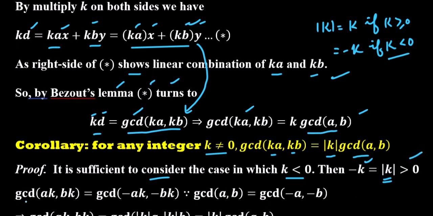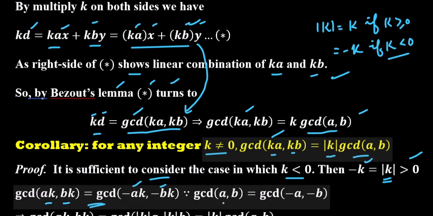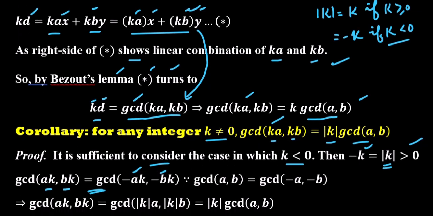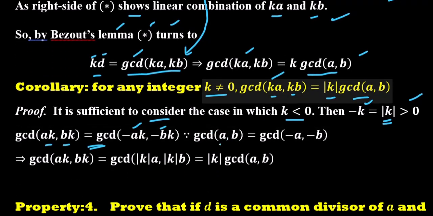Now consider the left hand side, that is GCD of ak and bk is equal to GCD of minus ak, minus bk. How are they equal? By using the result we have proved in problem 2.3, which says GCD of integers a and b and GCD of minus a, minus b are both equal.